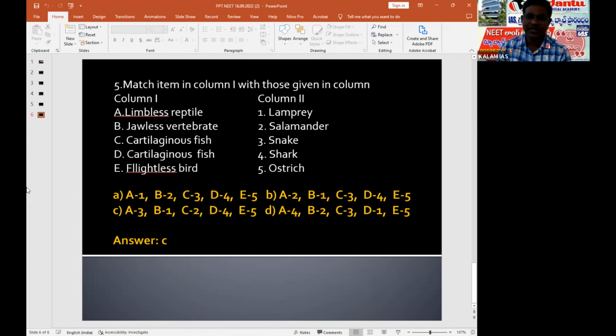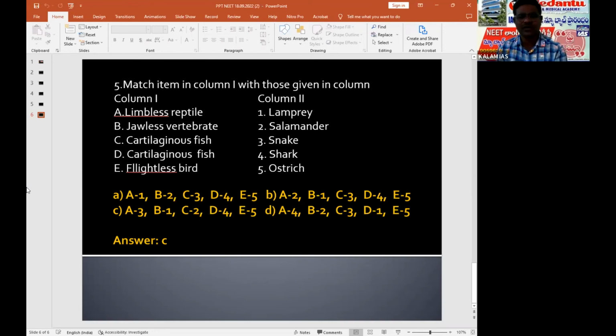Column 2: lamprey, salamanders, snakes, shark, and ostrich. Easy to match. Limbless reptile: we have a snake, that is the good example for a limbless reptile.